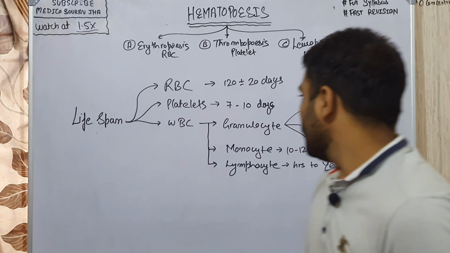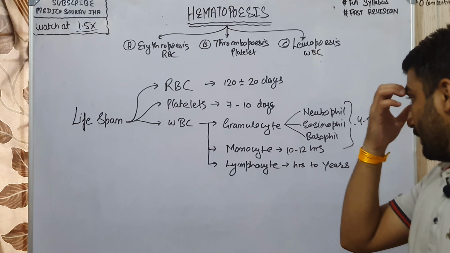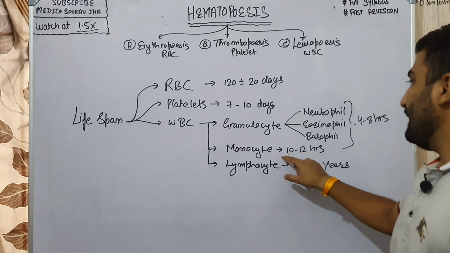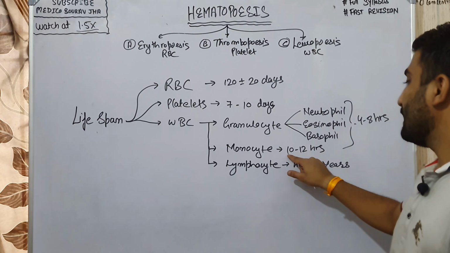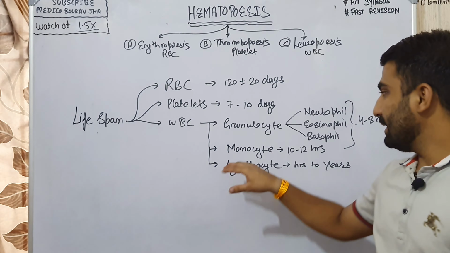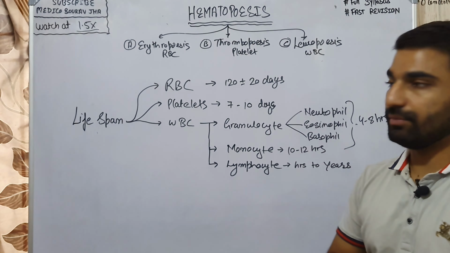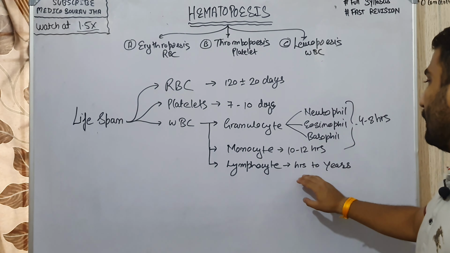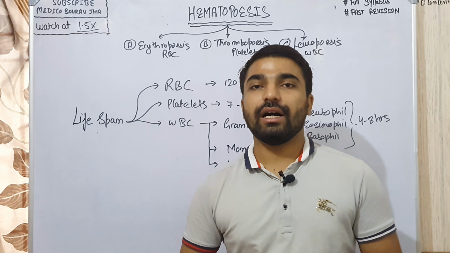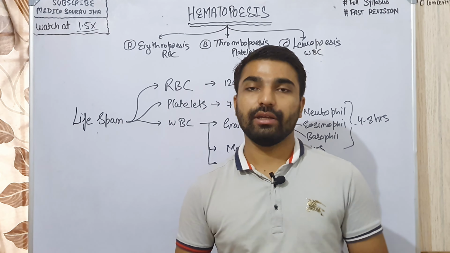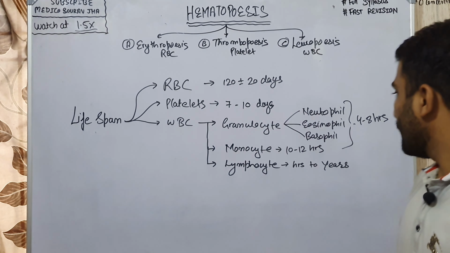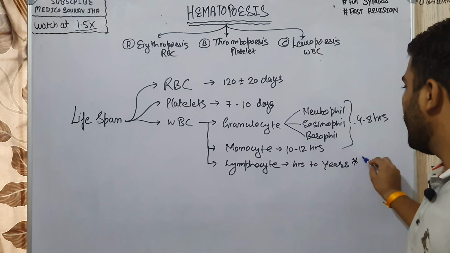They are not permanently raised, they are temporary. Monocytes have 10 to 12 hours of lifespan. Lymphocytes have hours to years. Lymphocytes can live a few hours to a few years even. So the lymphocyte is a bit unique, so keep it in mind.